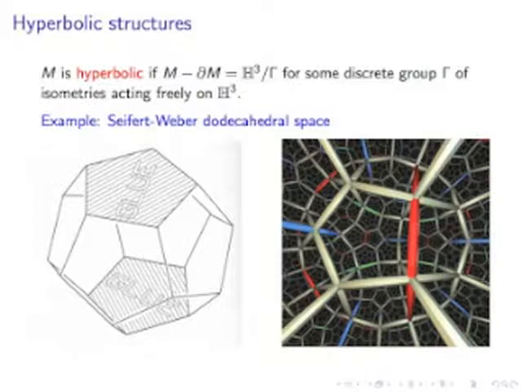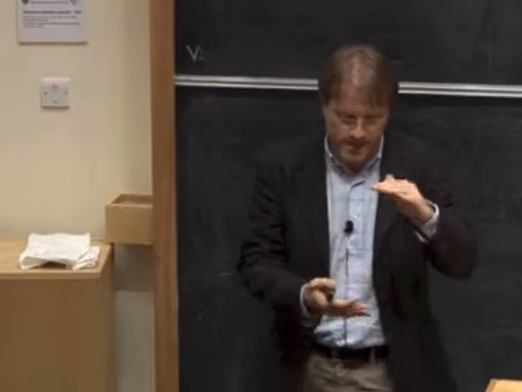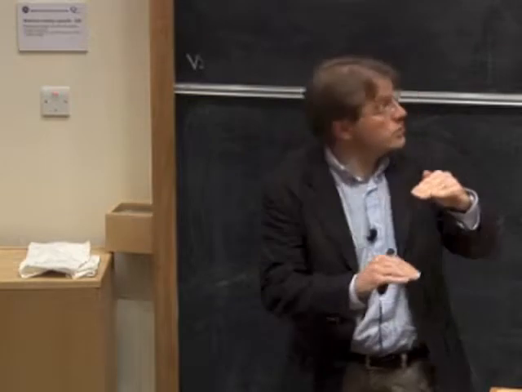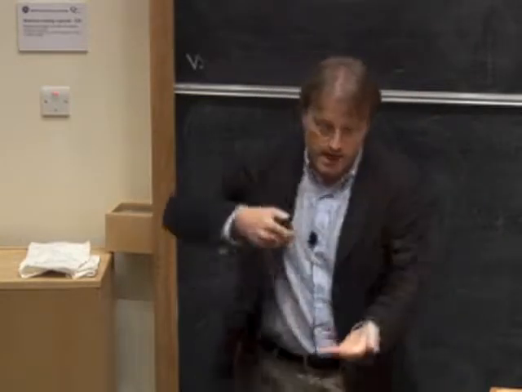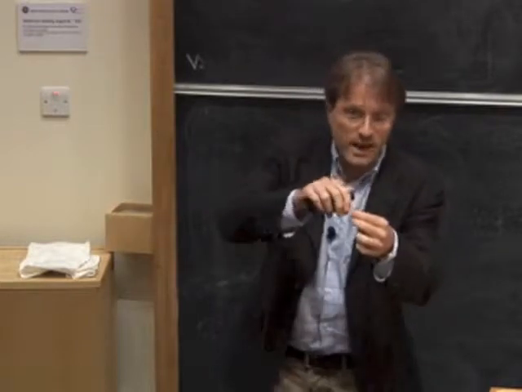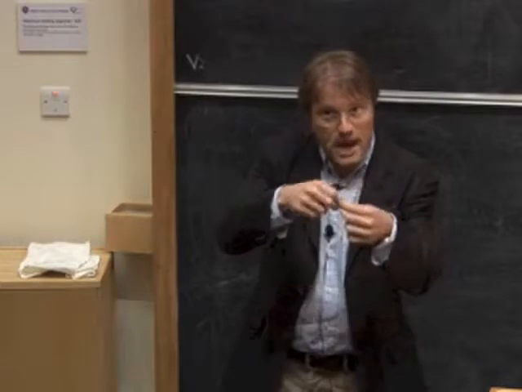Here are some examples. Here's the Seifert-Weber dodecahedral space, which is a dodecahedron with opposite faces glued with a twist, which you can see there. Here's another picture I plundered off Wikipedia. It turns out that you can realize this dodecahedron as a hyperbolic dodecahedron, and if you choose it in the right way, then these gluing maps are isometries, and you can arrange that the angles around each edge that you create add up to 2 pi.